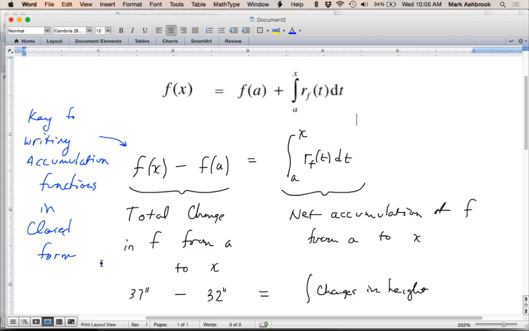So that's why we started the reverse process. We started the reverse process and we found out that we could write rate functions in closed form given the amount function. That's what we're working on now: given an amount function, write the rate function. Every time we get a rate function for an amount function, then we can construct a closed form for that open form accumulation function, the one that's the integral of that rate function dt.